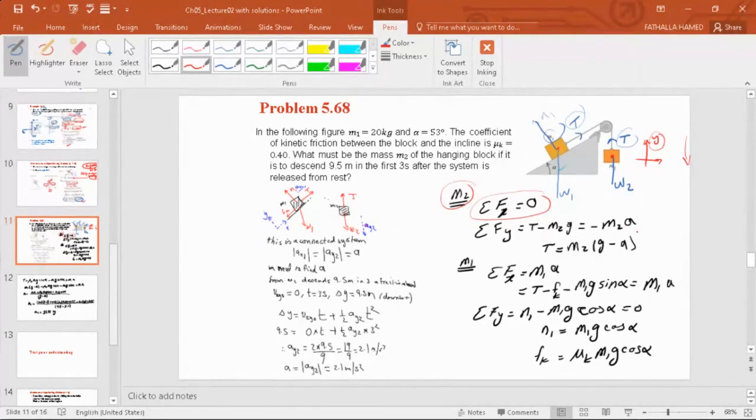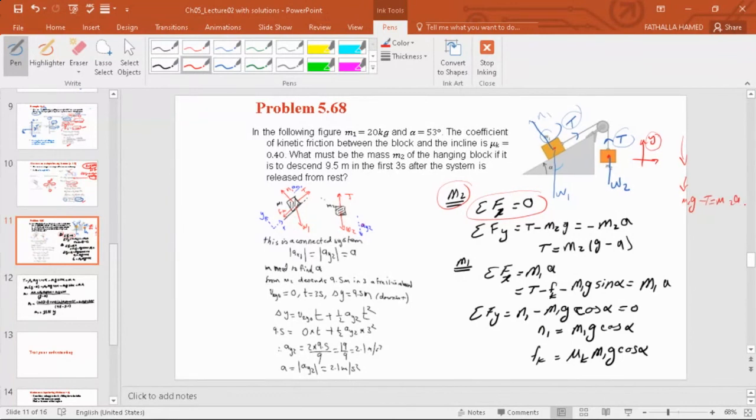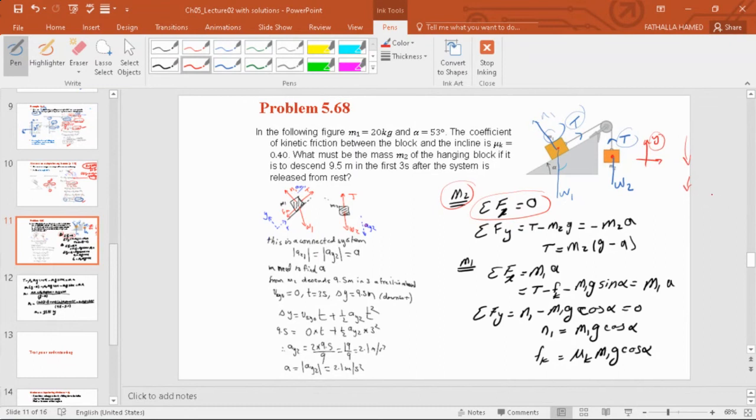If you want to choose to put it down this way, you will say that it is m2 g minus T is equal to m2 a, which is the same way, if you want to do it that way. So out of this equation here, I can take this to the other side. So the tension here will equal m2 times g minus a.